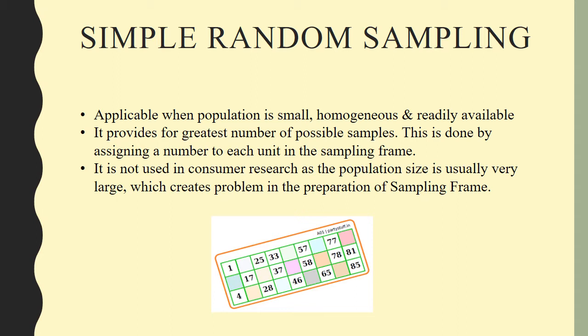This is the best example I can quote for simple random sampling. In housie, you randomly pick the numbers, and we see whether a particular person got that selected number or not. That is simple random sampling.